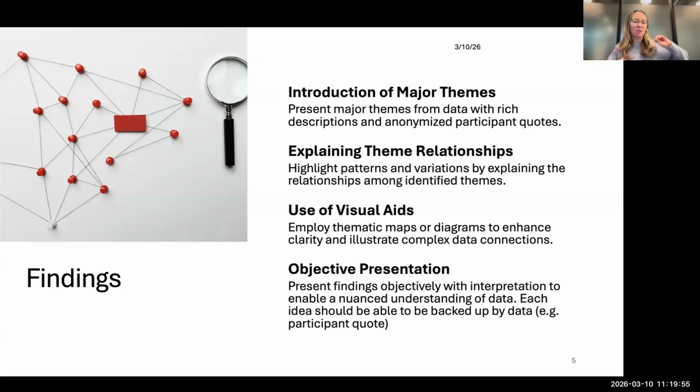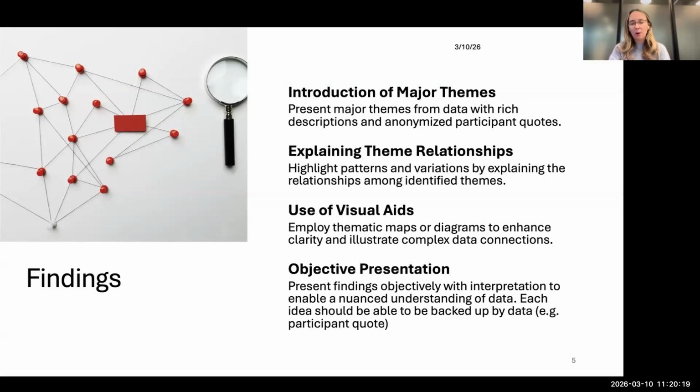If that letter wasn't burned, maybe she would have found out that he loved her. So you want to make sure that your themes are strong enough to stand alone and that story is there, but that small story helps to develop the overall narrative that answers your research question.